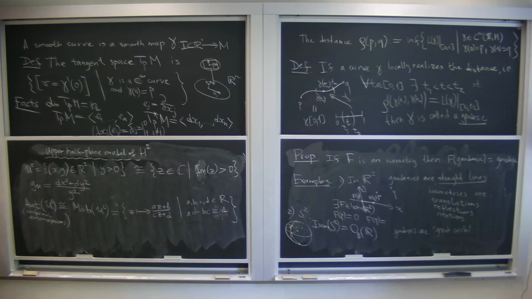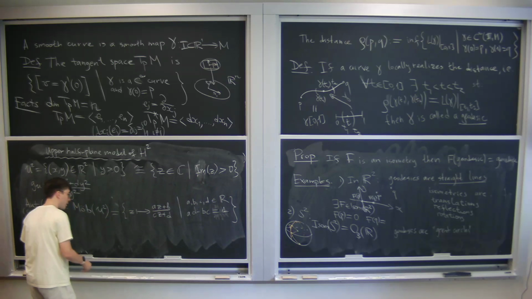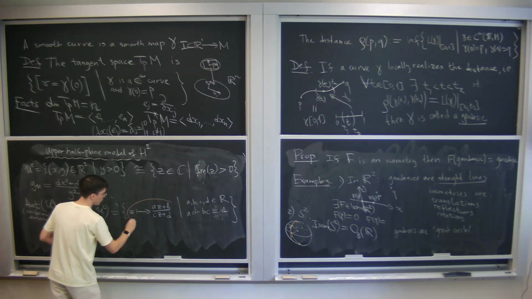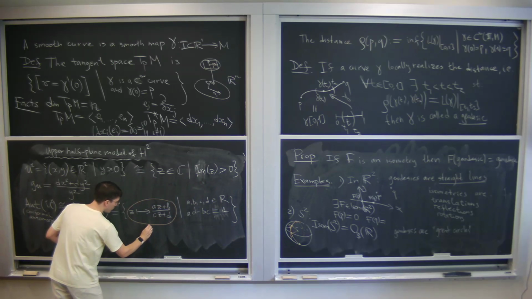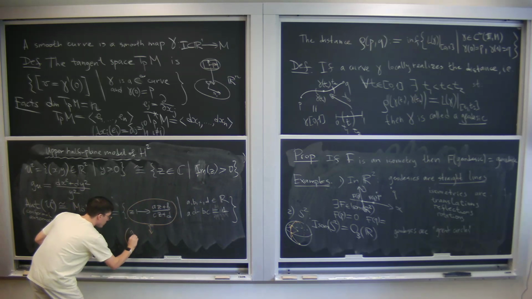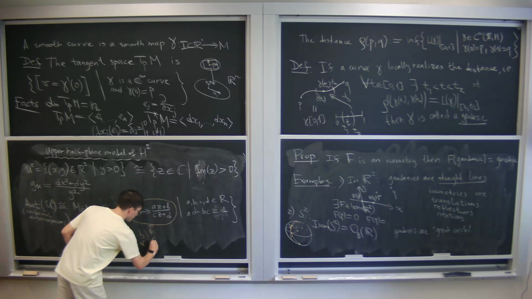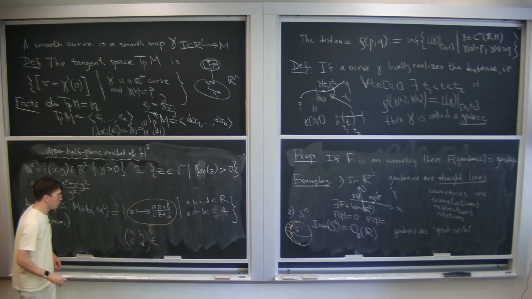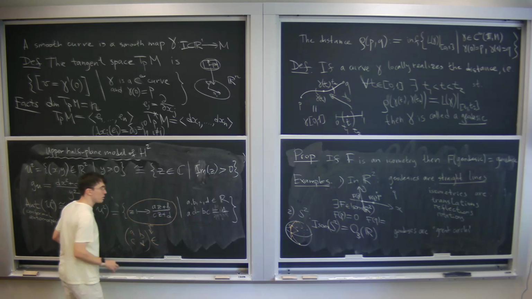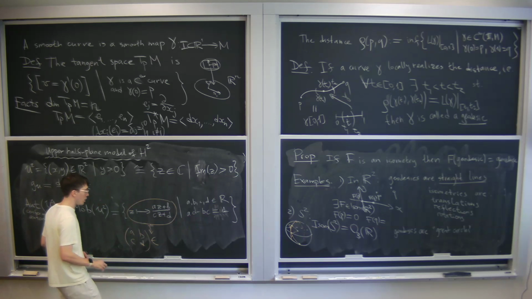This group is interesting since to any such map one can assign a matrix (a, b, c, d), and this is just the matrix such that ad minus bc is equal to 1.